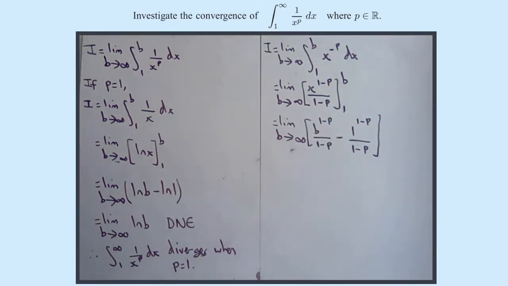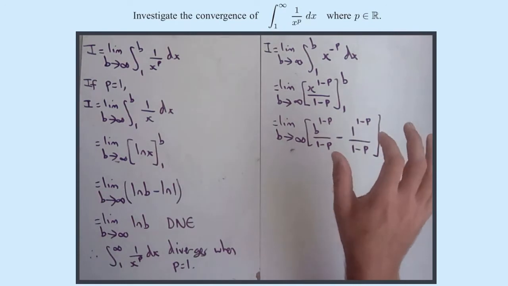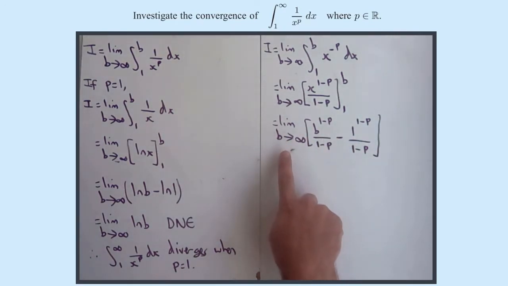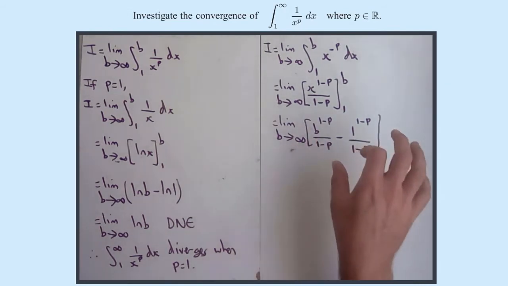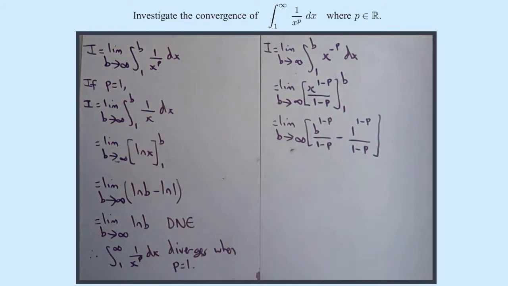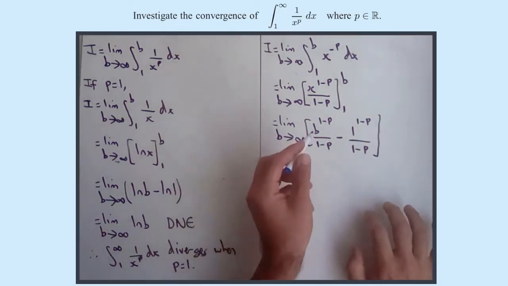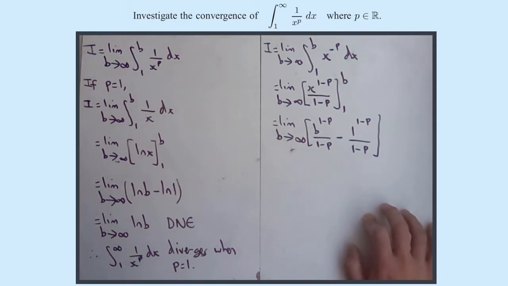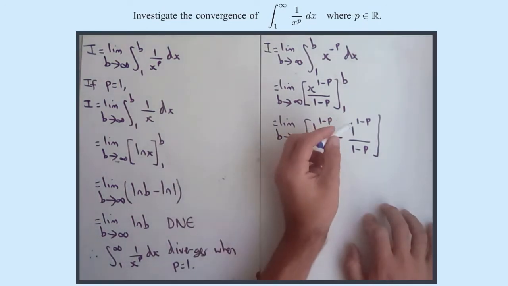Okay, so that's a bit messy, but we can certainly make it better. If you look at it, you've got a 1 minus p in both. Remember, b is the letter that's approaching something, so anything else can be classed as a constant unless it's affecting the b. So we can definitely pull this 1 over 1 minus p out as a common factor. And you can also think about what is 1 to the 1 minus p.